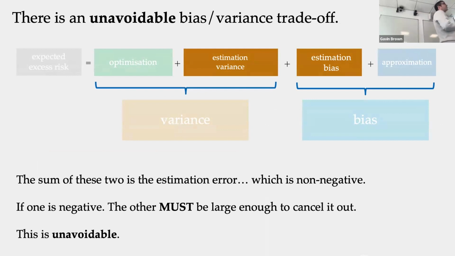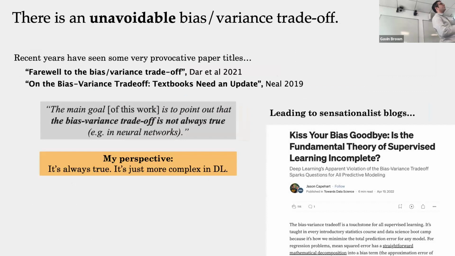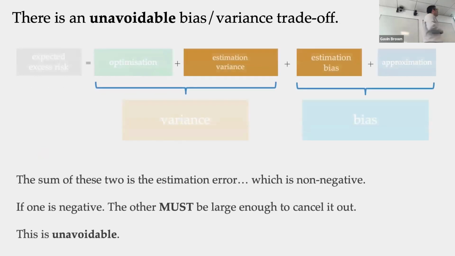But here is something that does occur. So these papers claim that the trade-off is irrelevant because you can push bias and variance both down and they don't have to trade off against each other. That was the claim. But it turns out the estimation variance and the estimation bias do have a constraint. They have to sum to a non-negative number, because they are the estimation error when you break them down.